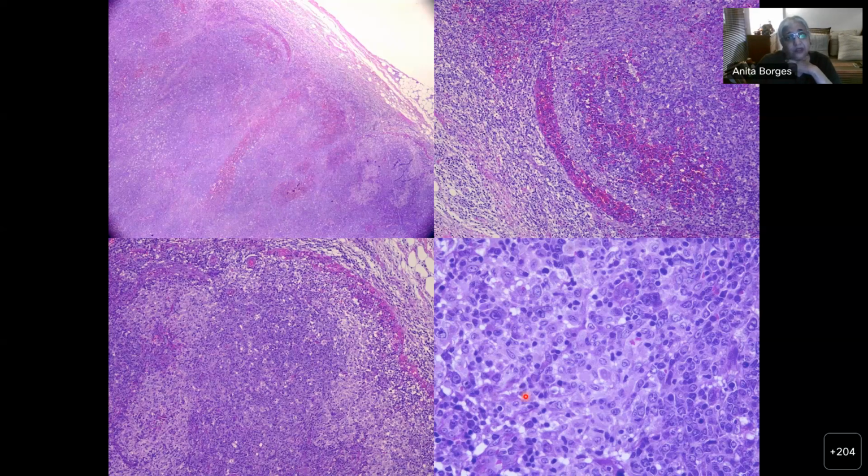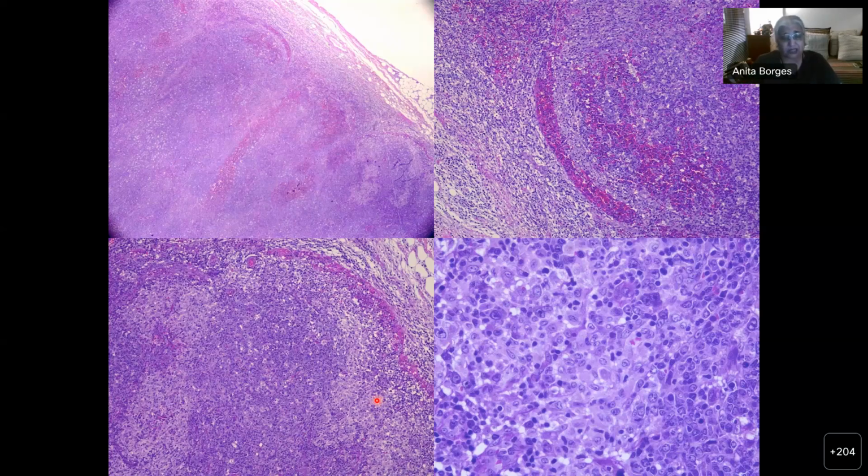The other thing that you notice is that you can't see any good follicles with germinal centers. There are some vague things here and there, and are they really follicles with germinal centers? You see large areas of cells, and yes, you feel, oh, perhaps there are follicles with germinal centers, because I see some tingible body macrophages, but they are not defined.